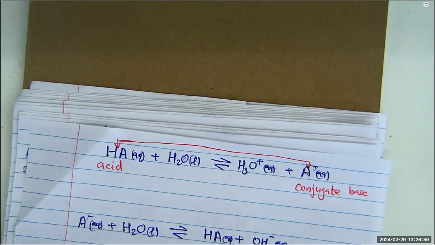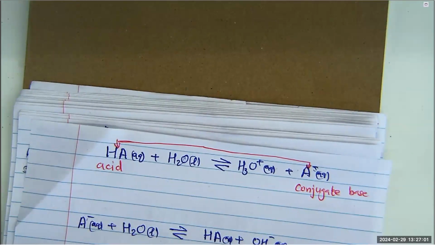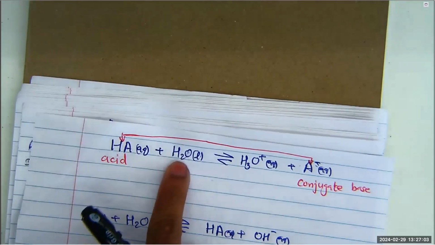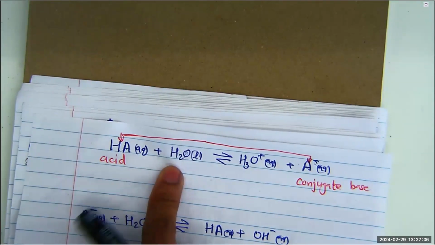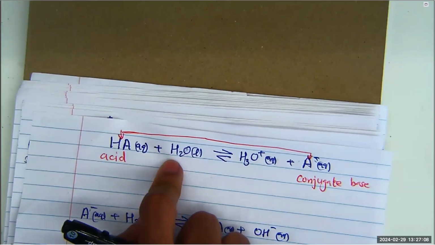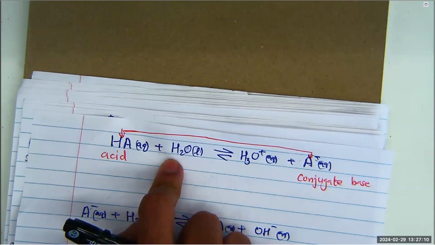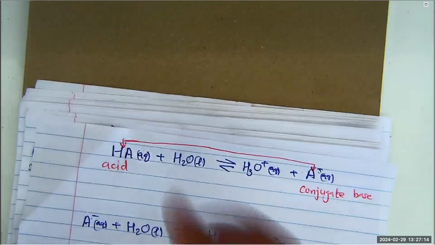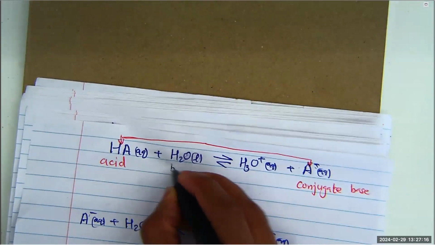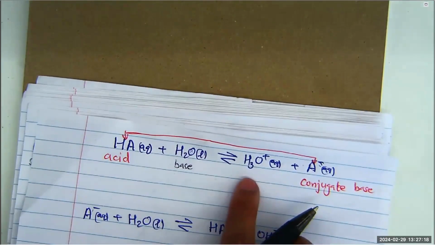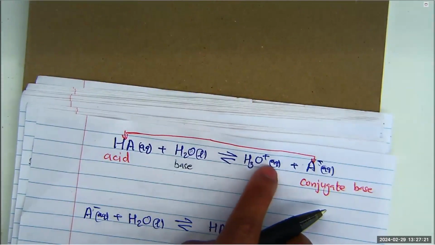So same thing we can say about water as well, by the way. Okay. So in this case, water has accepted the proton. Anything that accepts protons is called what? It's a base, right? So water in this case is our base. Okay. And then that produces H3O plus ions.